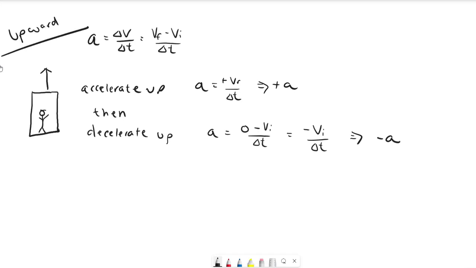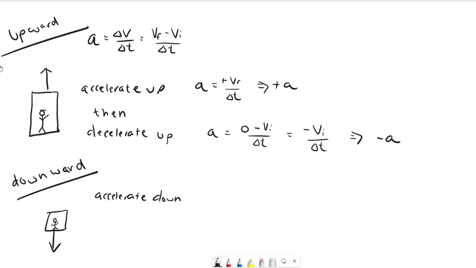However, in our problem, we initially had a negative acceleration and then a positive acceleration. So obviously we were going downward. Let's explain the difference here. We have our elevator and our little person in the elevator, and now we're going down. You start off by accelerating down, and you're initially at rest, so you're not moving initially.